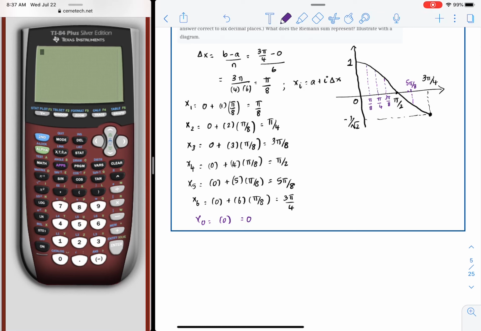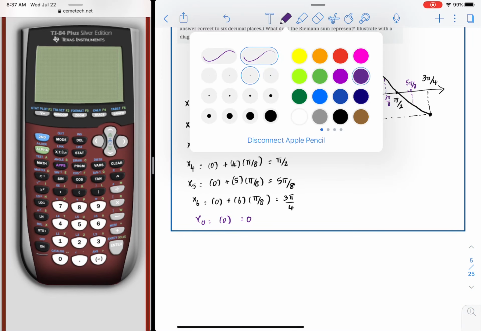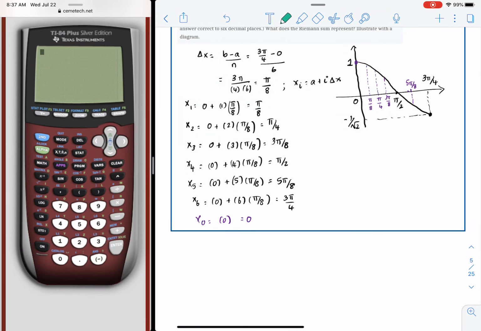So we'll have 0, which would be that point right there. So now we have to draw our rectangles. The first rectangle would go from there to there. The second rectangle from that point over there. The third rectangle would start from that point to over there. The fourth rectangle from there to over there.